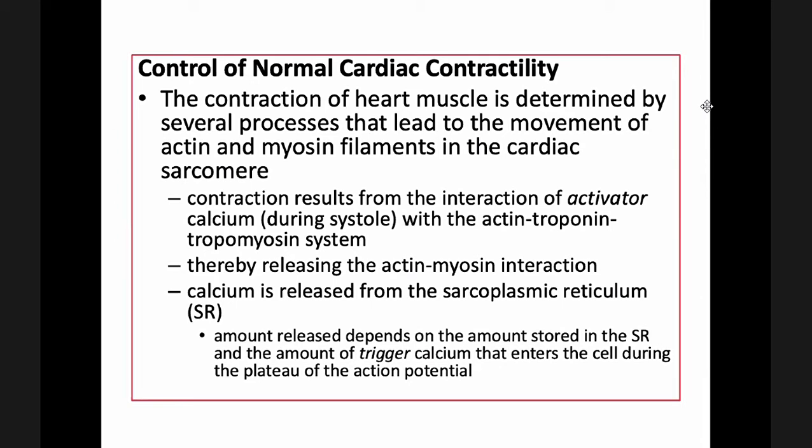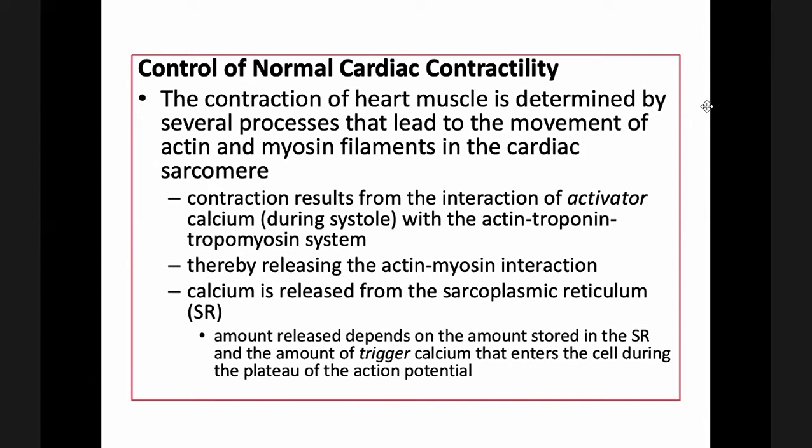And so the contraction of the heart muscle is determined by several processes, and this will lead to the movement of your actin and myosin filaments in the cardiac sarcomere. So this contraction results from the interaction of your activator calcium with the actin-troponin-tropomyosin system, thereby releasing the actin-myosin interaction.